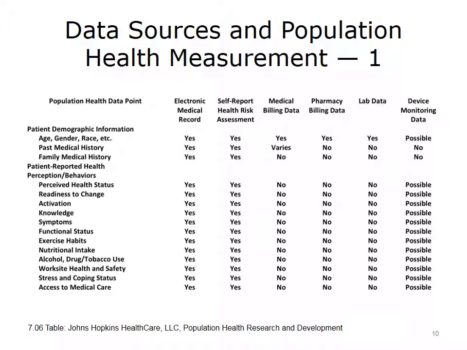In a 10-minute test of self-knowledge and self-management, we can ask patients about their symptoms, about their functional status, exercise habits, and nutritional intake. We can interview patients or give them touchpads to gather this data. But often, that is electronic medical record data. And patient-reported health data is a result of a face-to-face encounter with a physician or other healthcare provider.